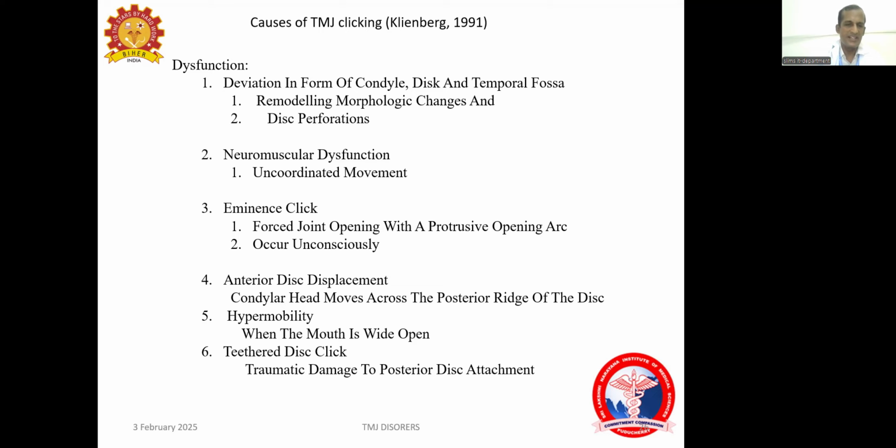And if there is any anterior disc displacement, we'll have clicking, or if there is any hypermobility. The next is the third, disc click, mostly associated with trauma. The other associated symptom is tenderness in the joint, which can be facial pain or difficulty in moving the joint.